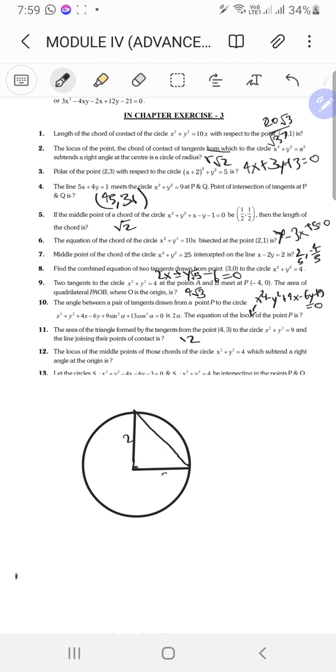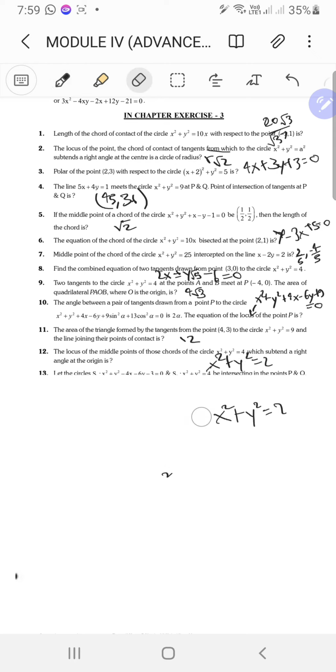This is 2, this is 2, this should be square root 2, right? So this other concentric circle has radius square root 2. So x squared plus y squared equal to 2. That should be the locus.